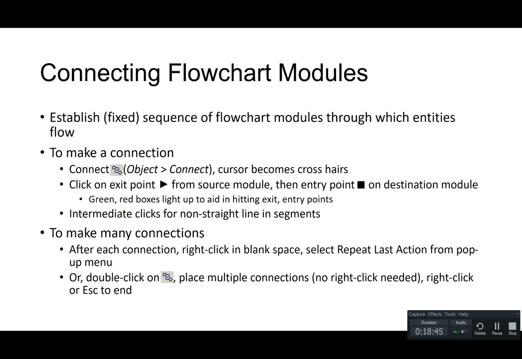You can also make many connections, which may be handy if you're making a rather large model, where after each connection you can simply right-click in the blank space and then select Repeat Last Action from the pop-up menu. Or when you click on the button originally, you can double-click on it and then place multiple connections, and then get out of that mode by hitting Escape.